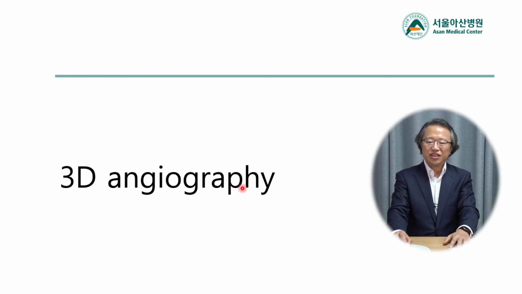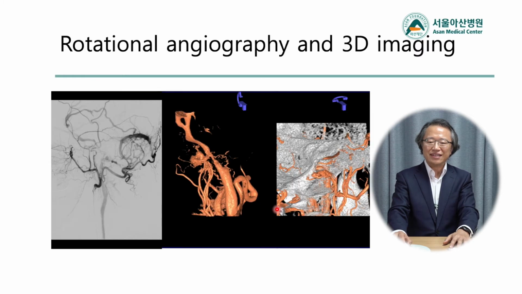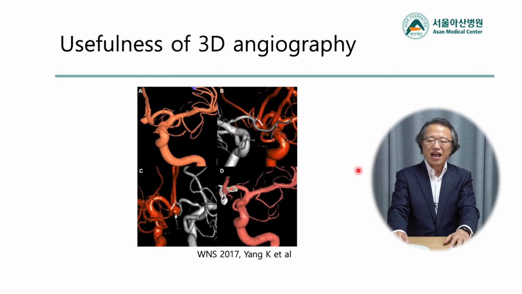Together with the routine 2D angiographic imaging, another huge source of radiation burden is 3D angiography. We cannot deny the outstanding role of the new technology in our profession. I'm very happy with these 3D fusion images.